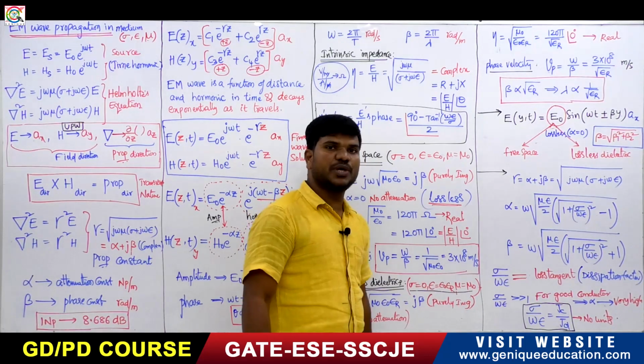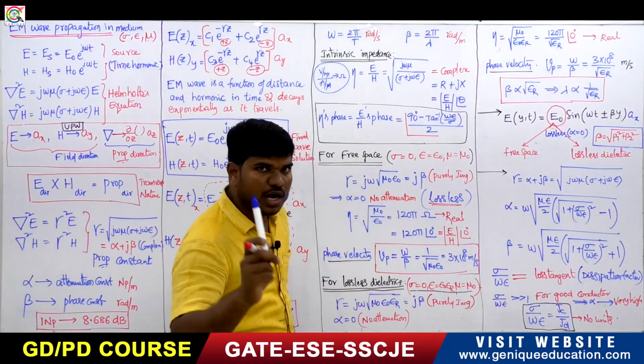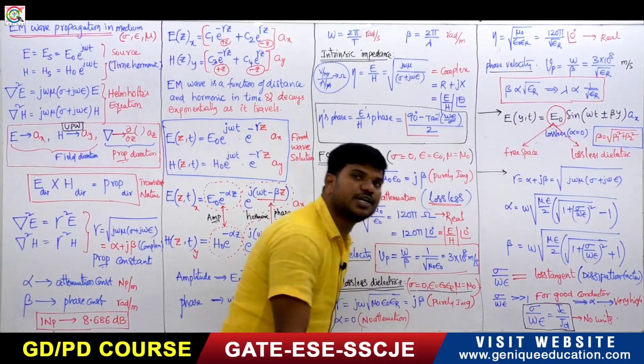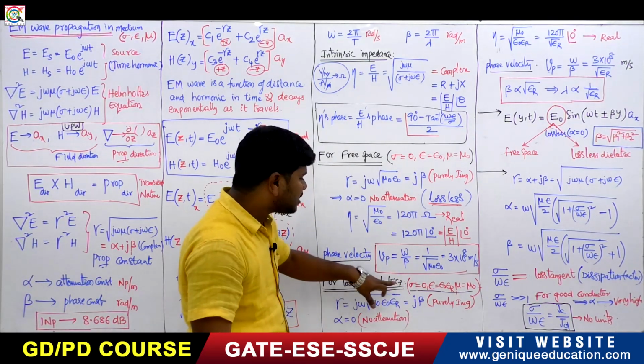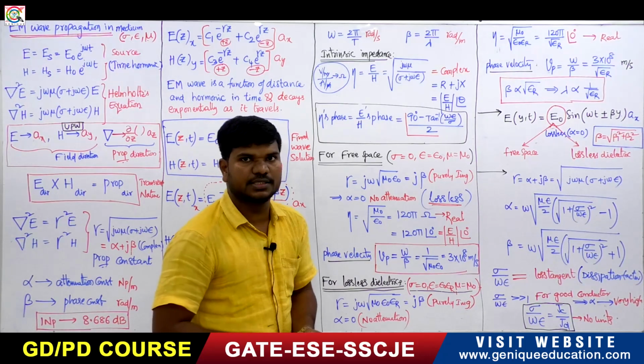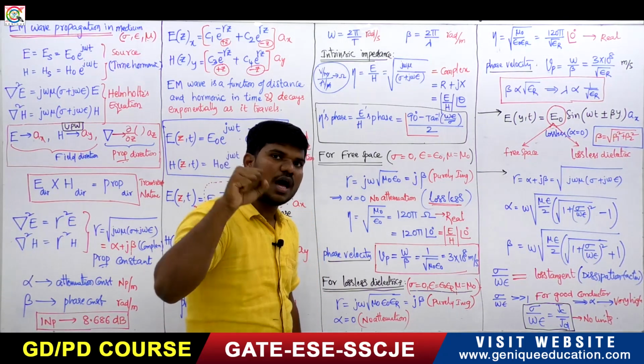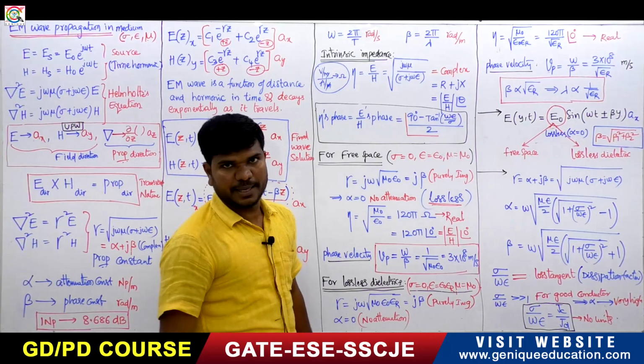Mu is equal to mu naught. Why can't I write mu equal to mu naught into mu r? It is a lossless dielectric or a perfect dielectric. All perfect dielectrics or lossless dielectrics are said to be non-magnetic materials.